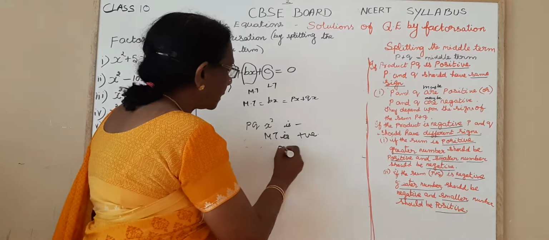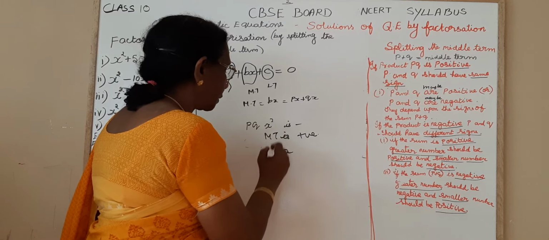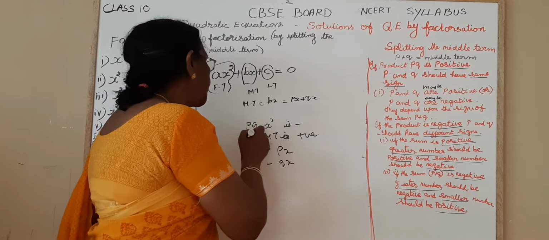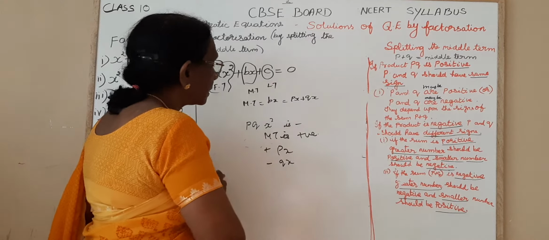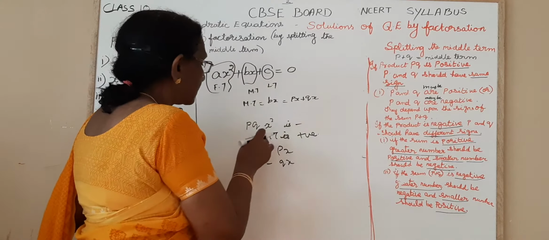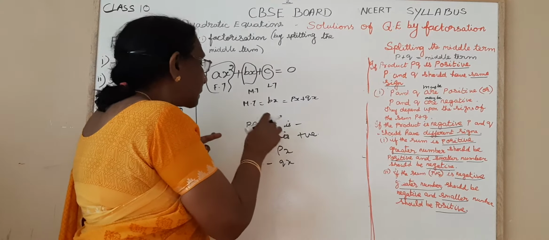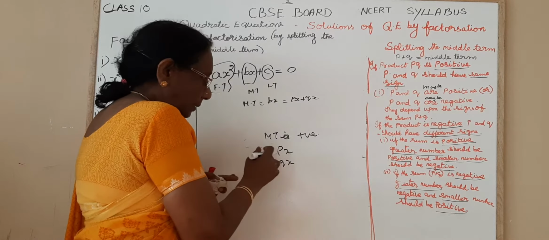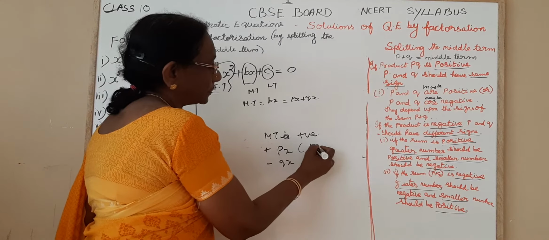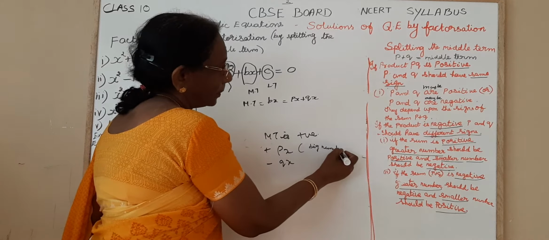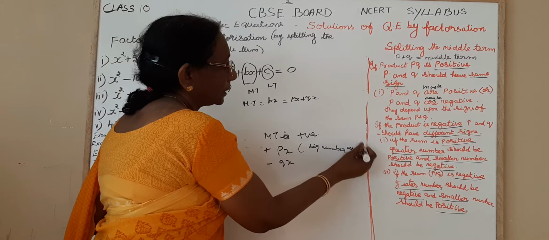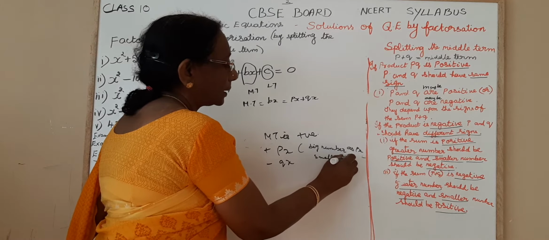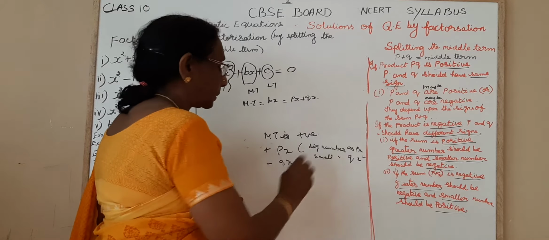So Px will be positive and Qx will be negative. Have you understood? When the middle term is positive, let Px be the big number, and the small number as Qx.